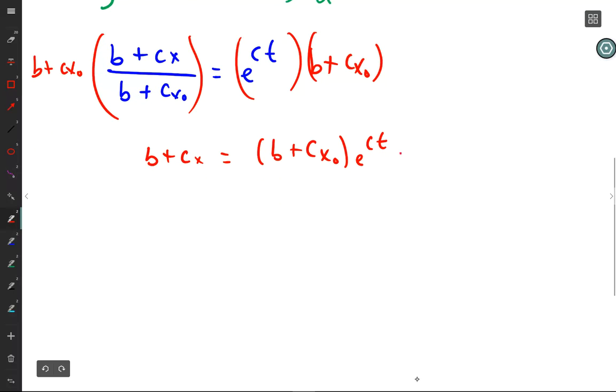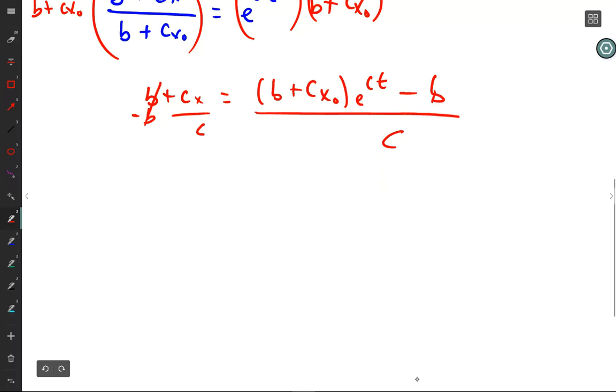And subtract b from both sides. And divide everything by c. I get my answer.